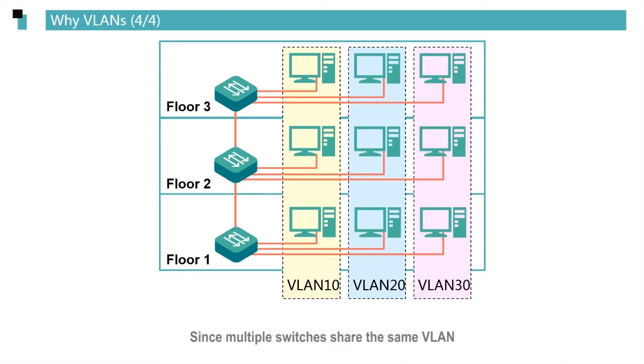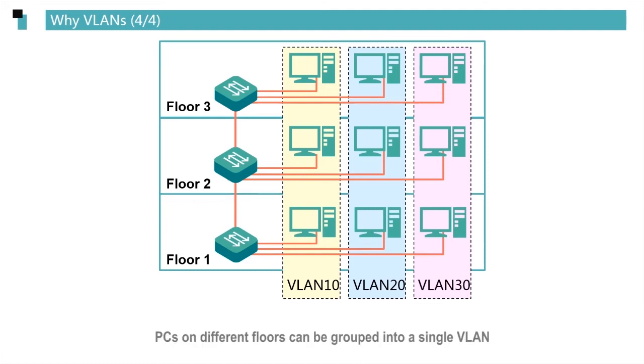Since multiple switches share the same VLAN, PCs that are members of the VLAN can be geographically dispersed as long as they are properly connected to the switches. For instance, in the preceding figure, each department is assigned a VLAN for isolation, and the staff of each department are working at different floors.